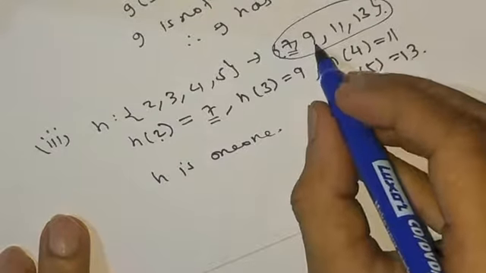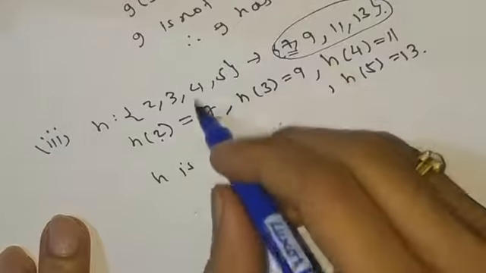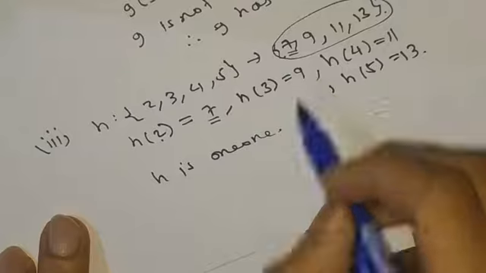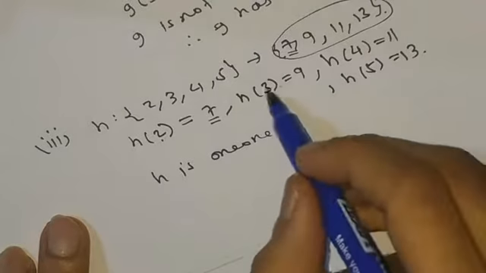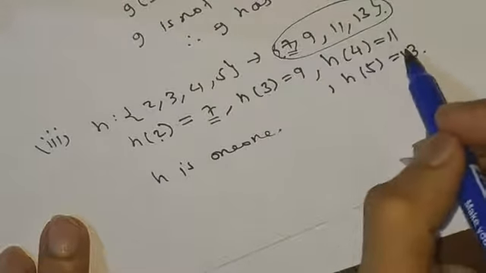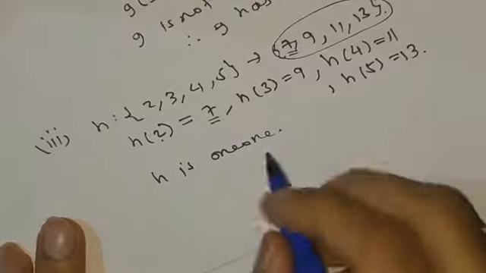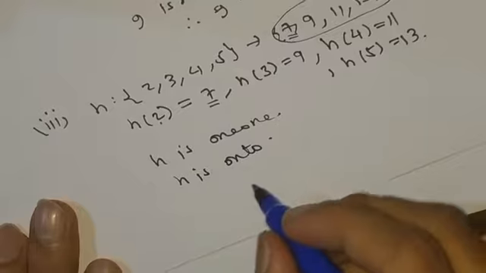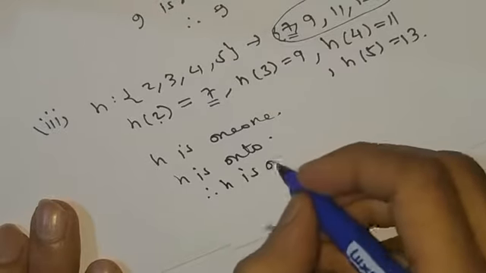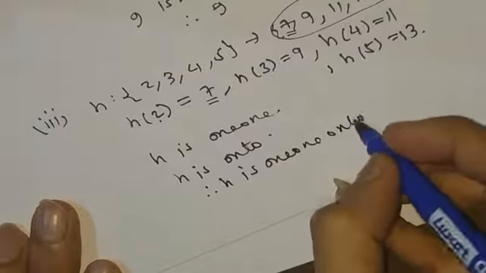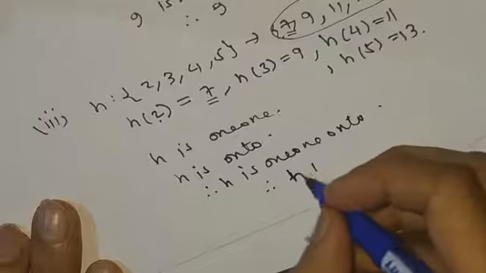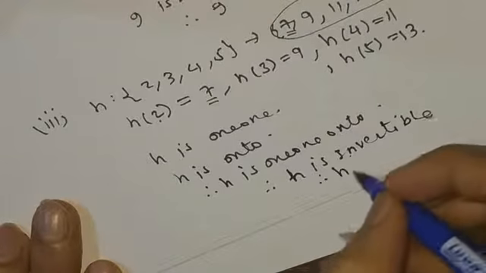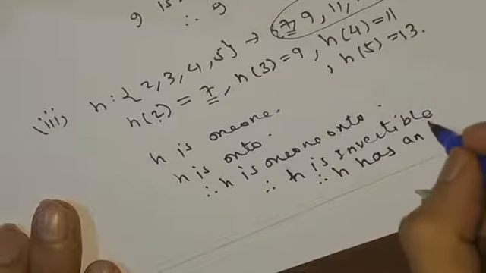Similarly, all other elements in the codomain have some element in the domain whose image is that element: h of 3 is 9, h of 4 is 11, and h of 5 is 13. So here also h is onto. Therefore h is a 1-1 onto function, so h is invertible. Therefore h has an inverse.